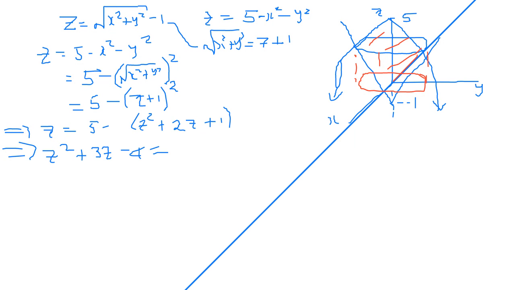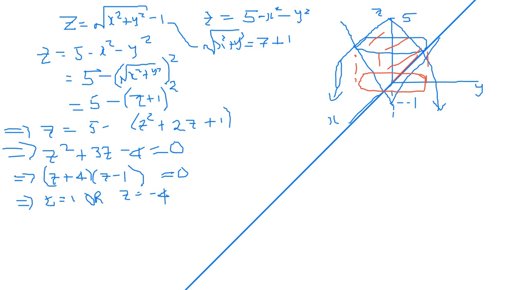That gives us a 4, so minus 4 equals 0. And that will give us z plus 4 times z minus 1 equals 0, which means either z is equal to 1 or z is equal to negative 4.